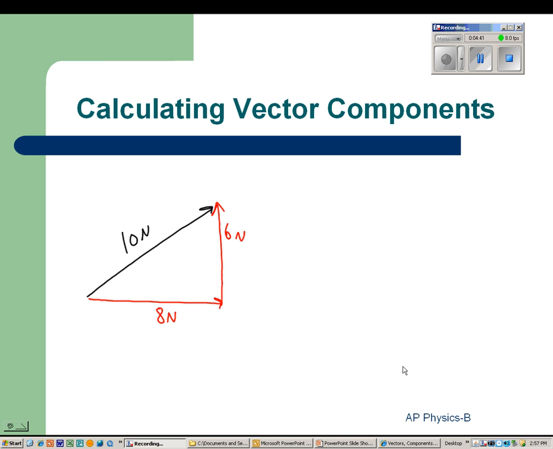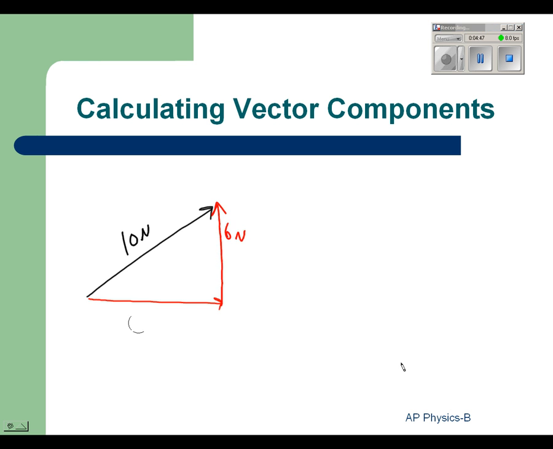We're going to go ahead and calculate the vector components here. Actually, let's just say I didn't know this one here. So if we said our resultant is 10 newtons, and one of our components, the y component, is 6 newtons, I'd want to find the x component. Then we would simply do a squared plus b squared equals c squared.